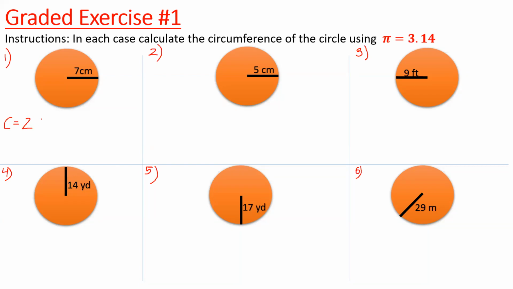2 times what? 2 times 3.14 times 7. Good. Okay.